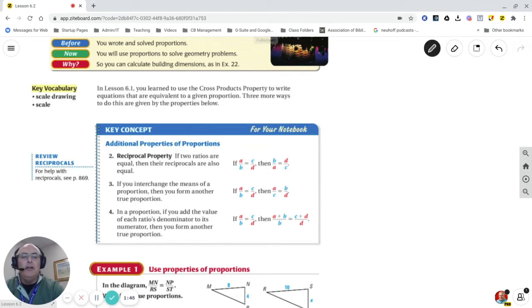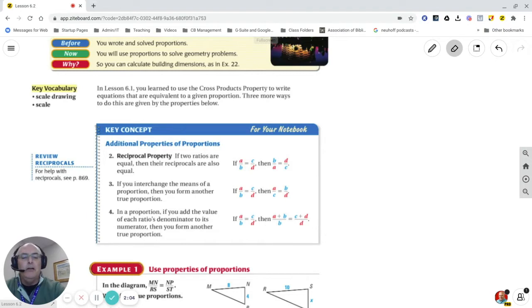Again, I can manipulate that equation using cross-multiplication in many different ways. The last thing is I can set up an equation where I can add each denominator to the numerator of the side because I'm in essence adding 1.